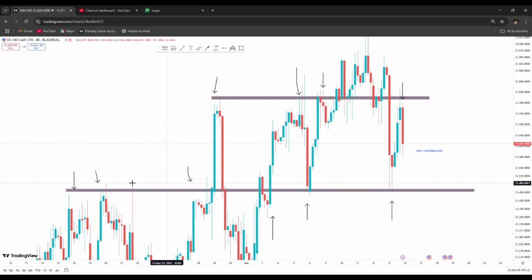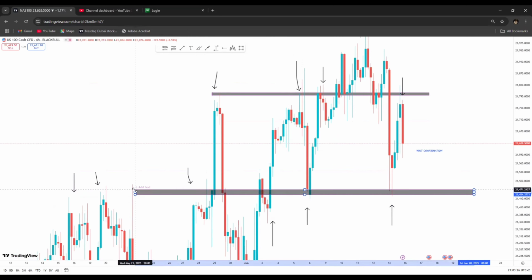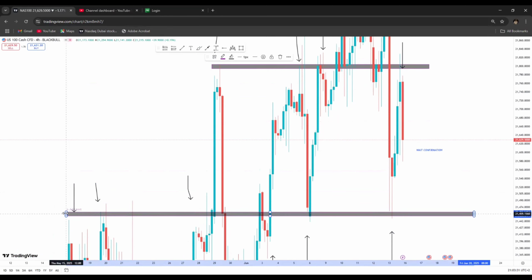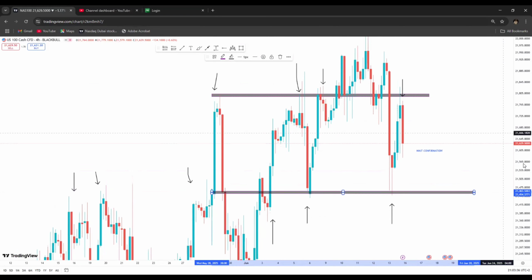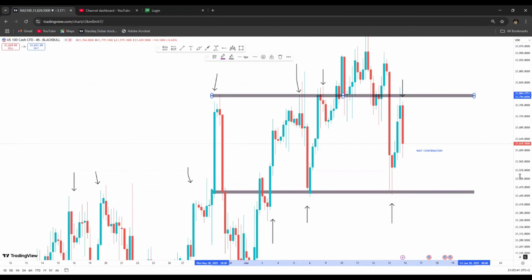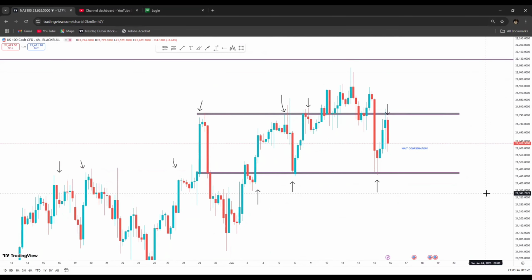So just to make it simple for you guys, I will simply take this from here, take this from there, and make it kind of straight, same level with our new support, right? So if I make it simple, then we can really get the picture of how our current price is looking, right? We had multiple reactions on this resistance, and we're having multiple reactions on our new support.